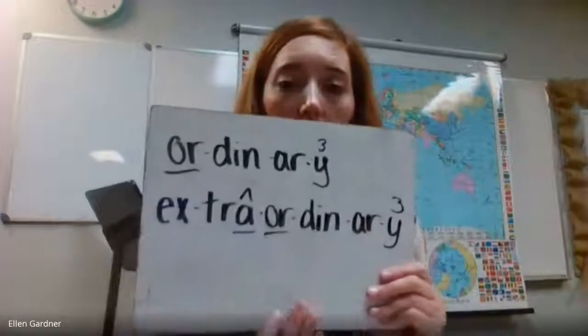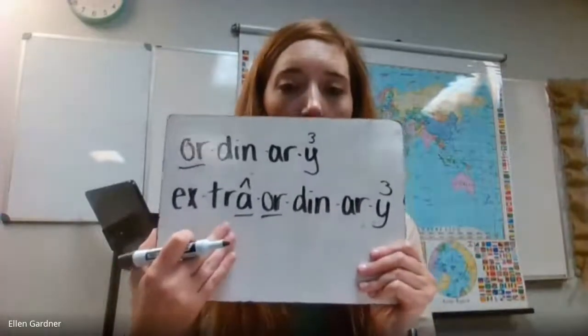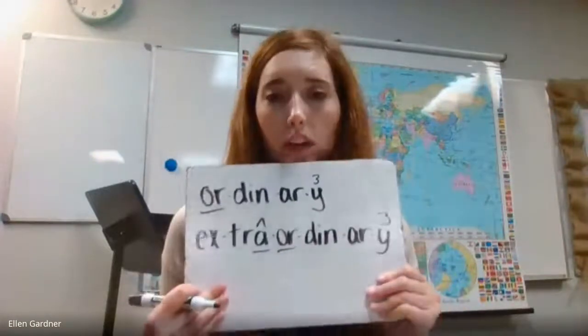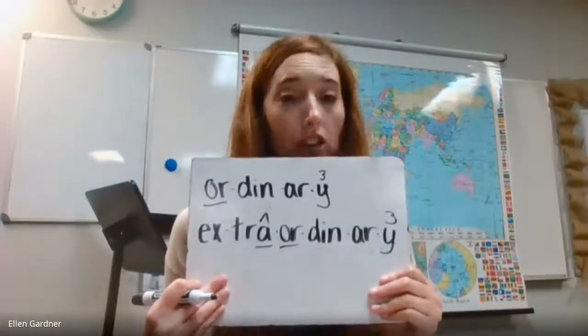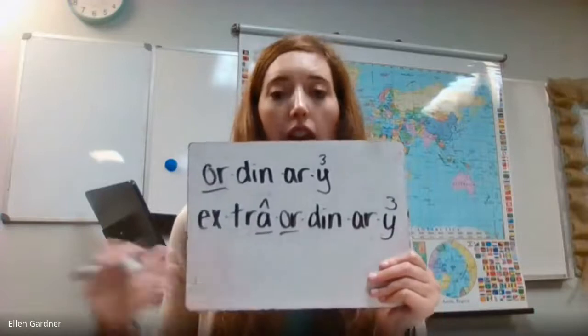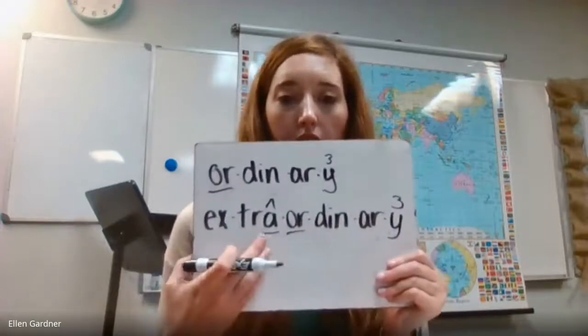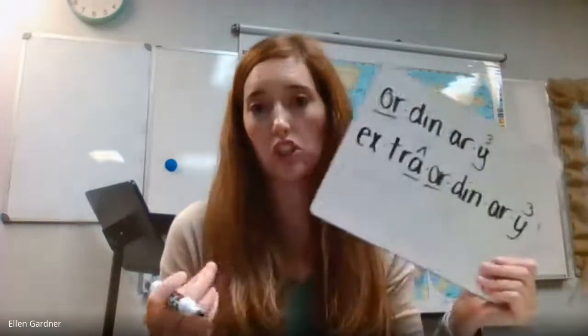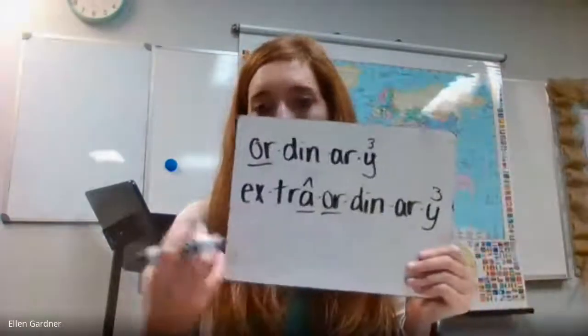Even though we say extra, ordinary. And who remembers how we usually pronounce this actually? Not extraordinary, but it is extraordinary. This ends up being silent in pronunciation, but we're marking it according to the pronunciation of extraordinary.